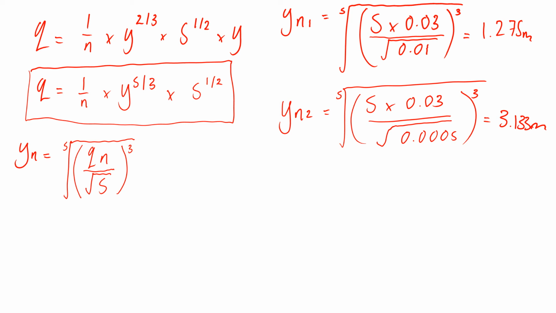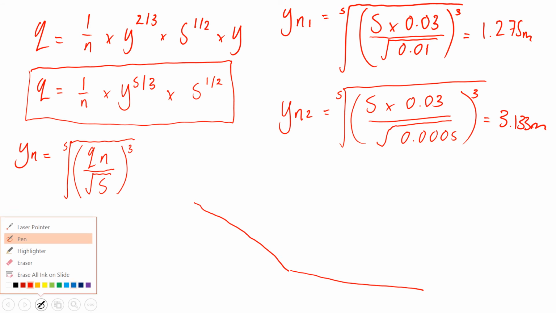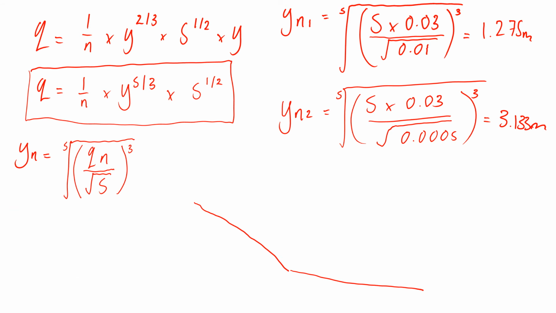So now you can draw the profiles. You draw the first reach and then the second reach. If we first draw yc, that's yc.